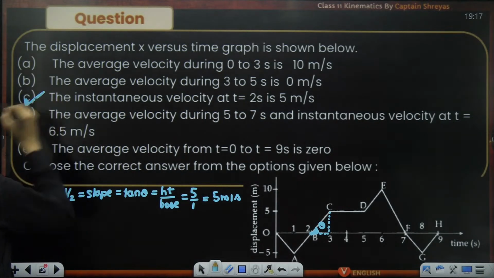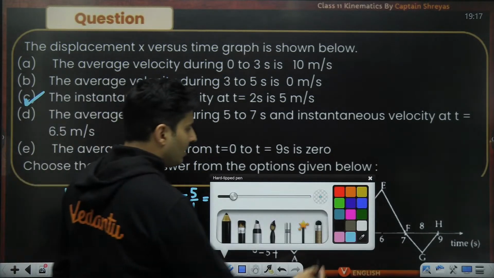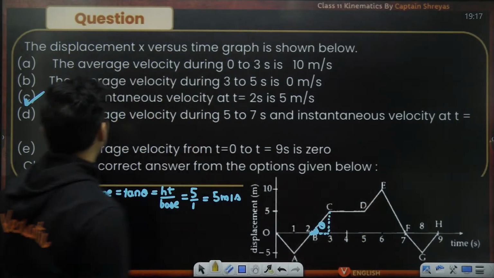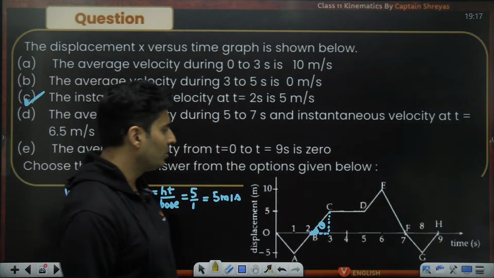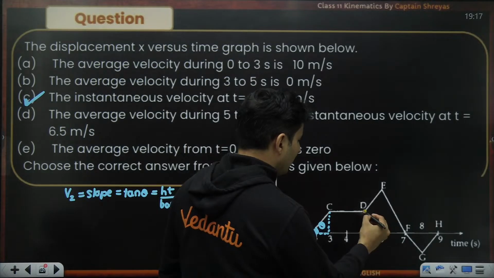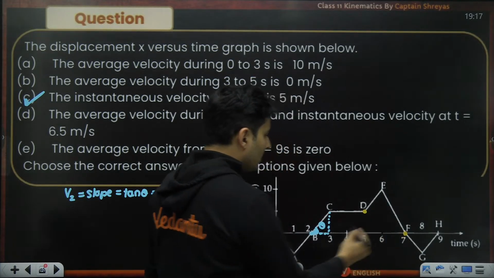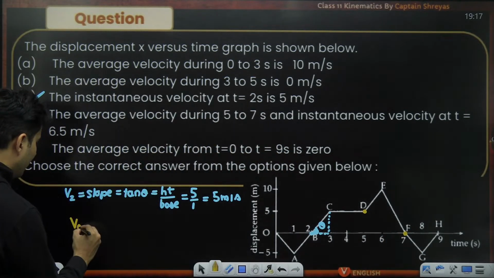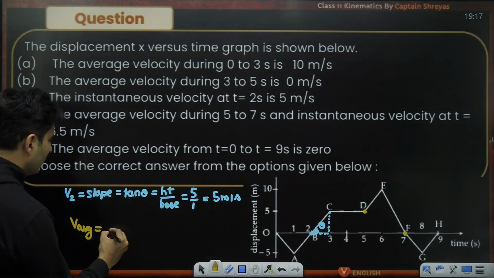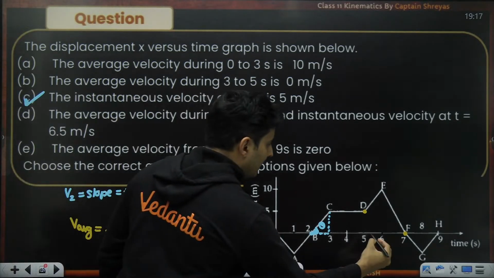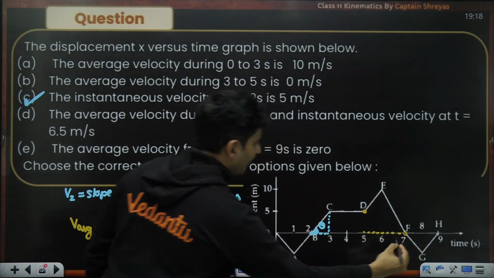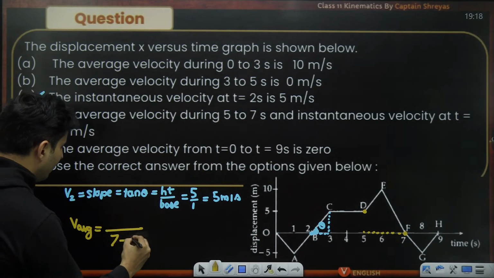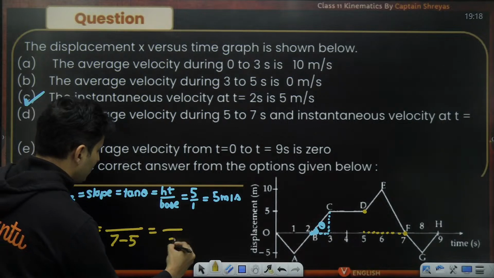So C is obviously correct. So naturally D will be wrong. But even if you try to find it, I mean, you can get the answer why it is wrong. The average velocity from 5 to 7. Check this out. Time interval between 5 and 7 is 2 seconds. So final minus initial, which is 2.